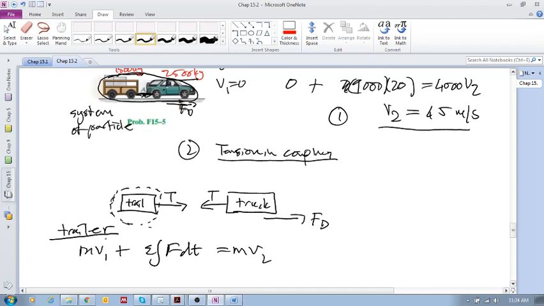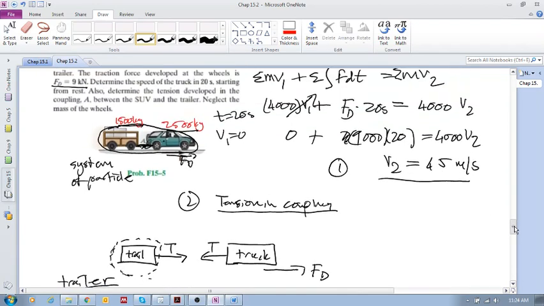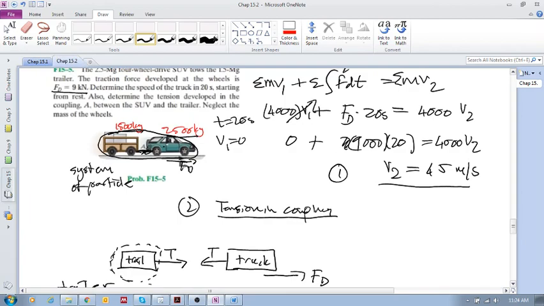So you can notice here, now this mass is the mass of the trailer, which is 1,500 times v1, and now we're looking for the impulse due to this tension, and we know that it's a constant because this force was a constant, so we can assume that this force would be a constant.